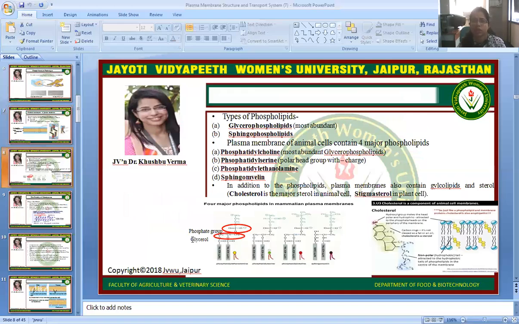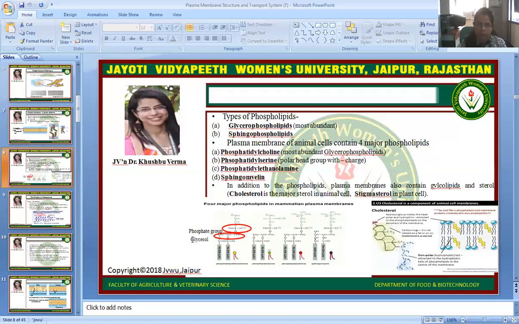Now come to the types of phospholipids. Again, I am simplifying that the cell membrane is made up of lipids and proteins prominently. Lipids are majorly phospholipids, and these phospholipids again have differentiation. First is glycerophospholipid, which is most abundant in the lipid bilayer.